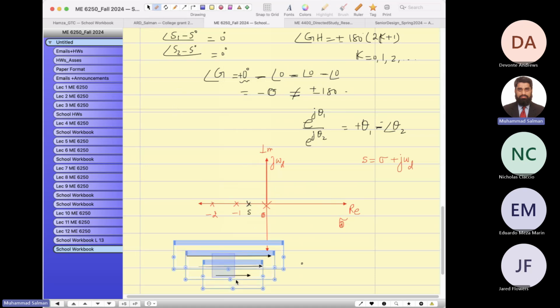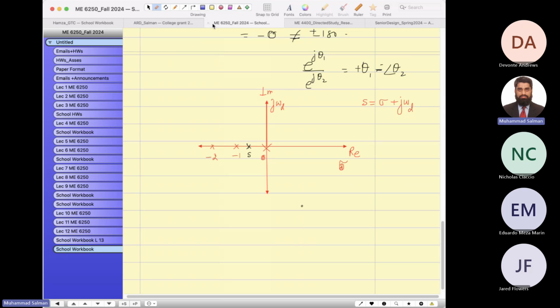So let me show you here what is the angle. From the angle between the first test pole, you see the angle here is positive or negative 180 degree. Let's say if we go from positive, the real axis is positive 180, but for this one it is 0.